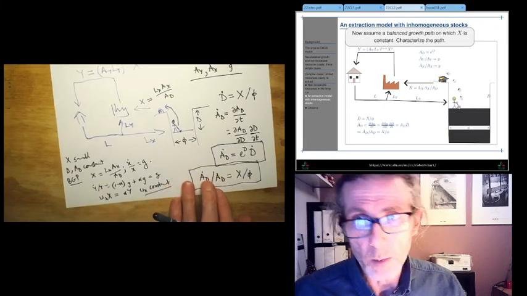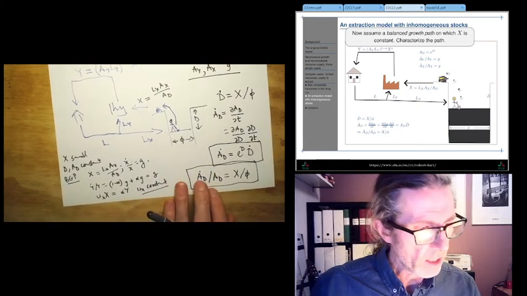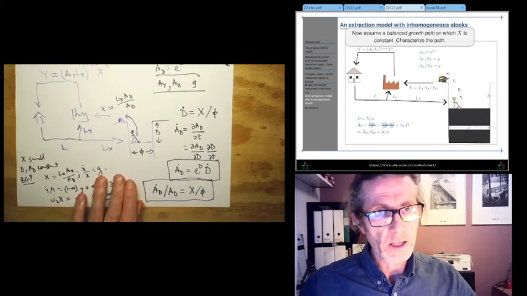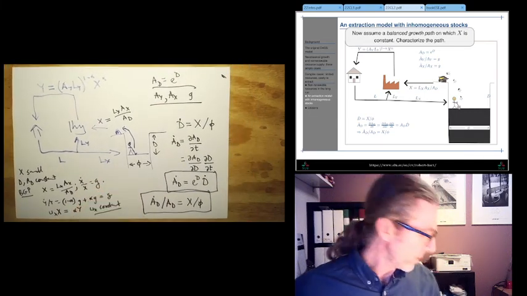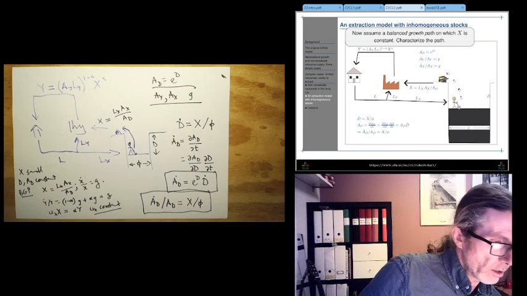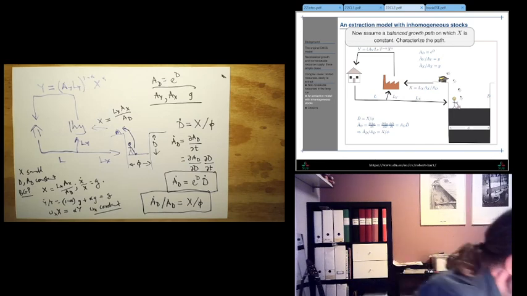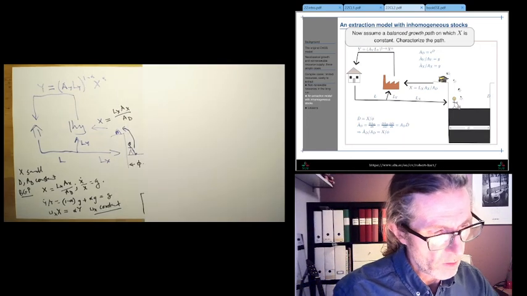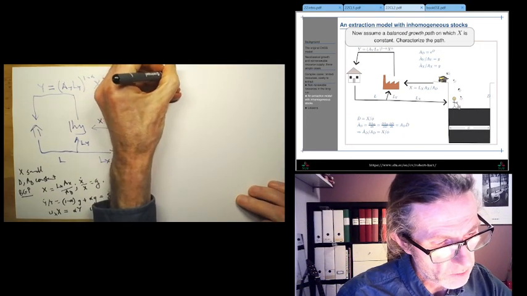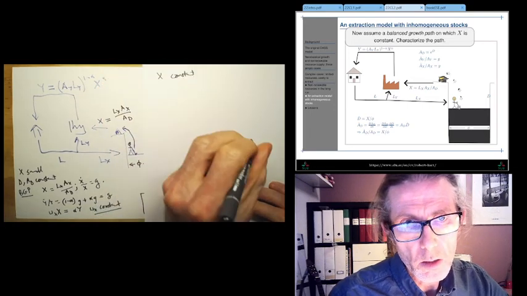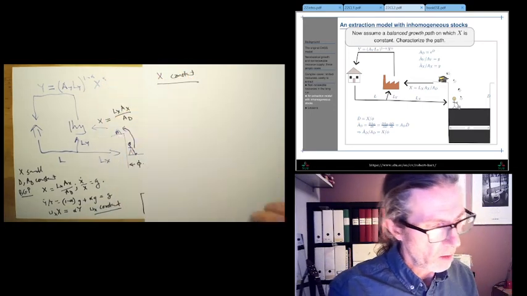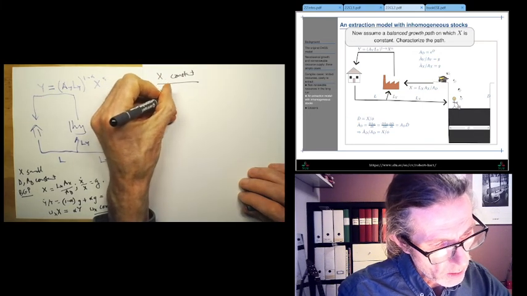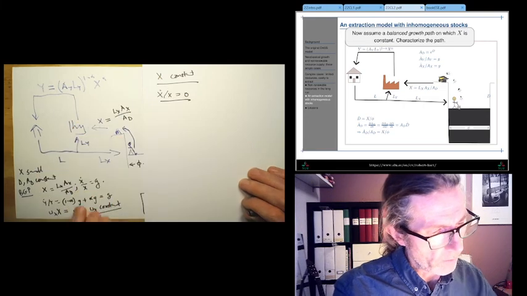What about a balanced growth path on which X is constant? Can we have something like that? Does there exist such a path? Let's see. So we're told that X is constant. Okay, so X dot over X is naught.